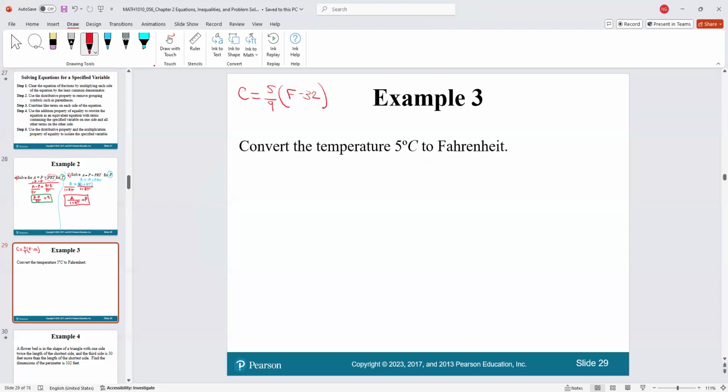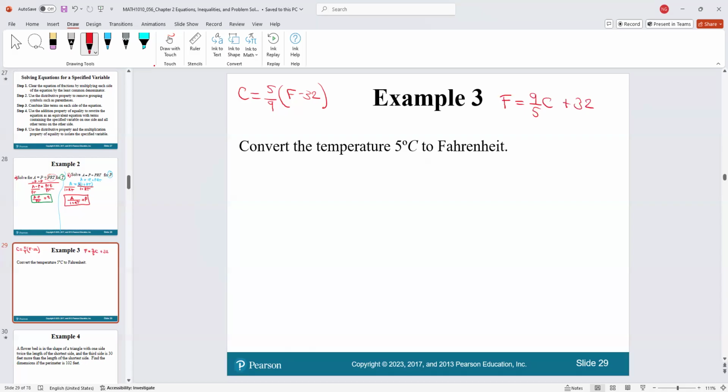So we do 5 times this, okay? And we do that. But we can also change it for how to convert Fahrenheit. I mean, that's Fahrenheit to Celsius, but we can also convert Celsius to Fahrenheit by taking 9 over 5C plus 32.